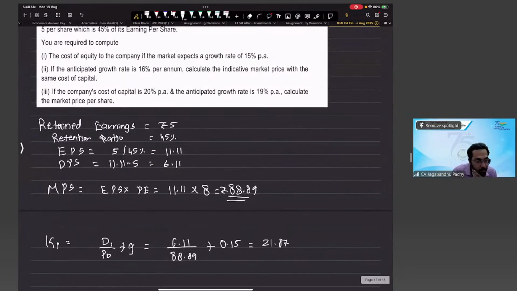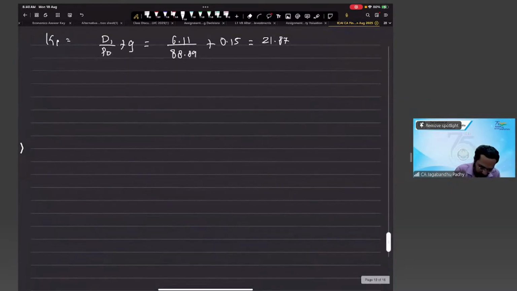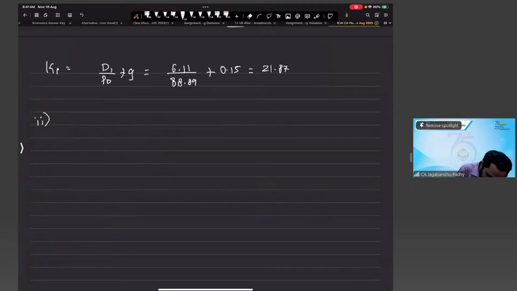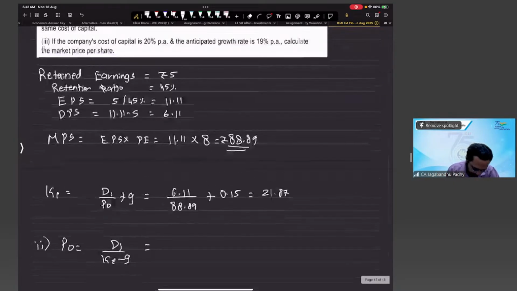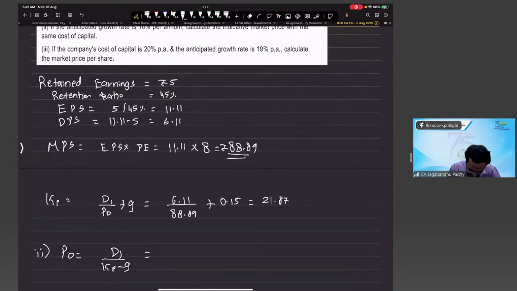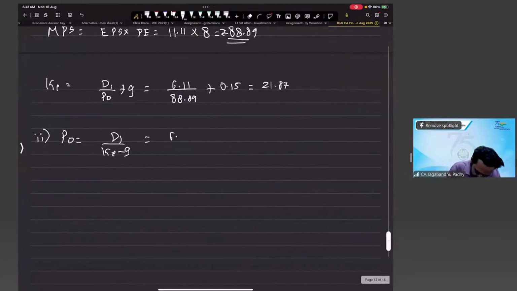Now, second part. If the anticipated growth is 16%, calculate the indicative market price at the same cost of capital. Okay. So now for the second part, we want P0. Now P0 will be D1 upon K minus G. So D1 is going to be 6.11.